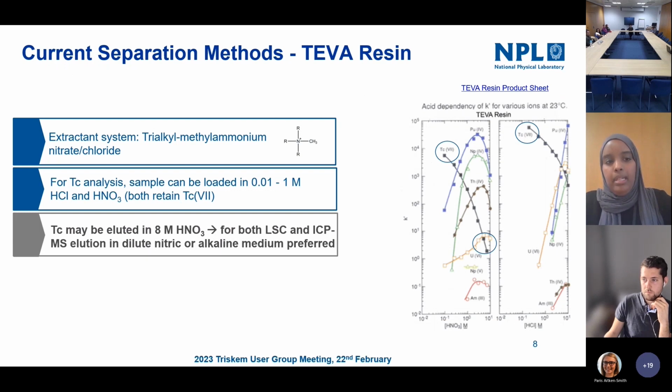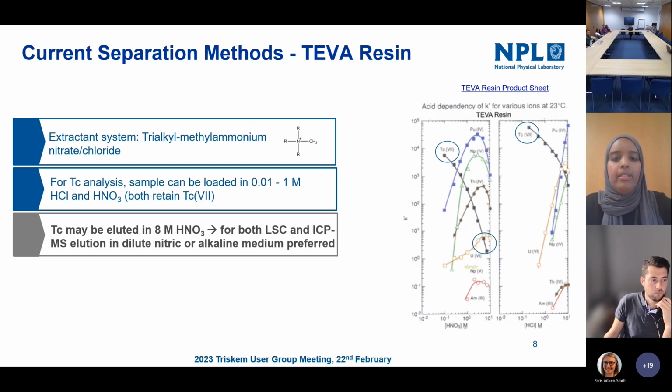So typically, TEVA resin is used for technetium separation, as can be shown on the plot on the right. There, you have very high optimal retention of technetium under dilute nitric and hydrochloric conditions.